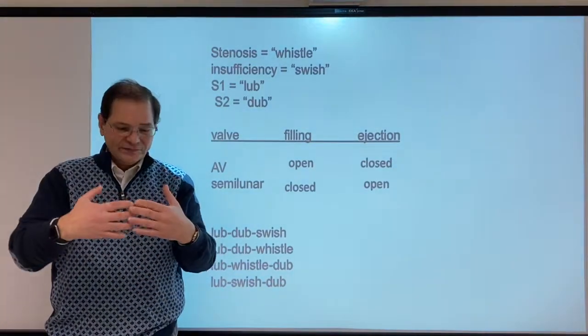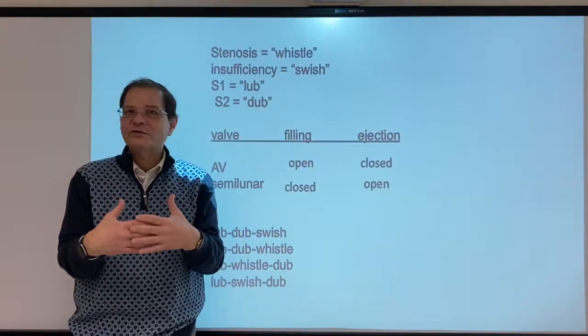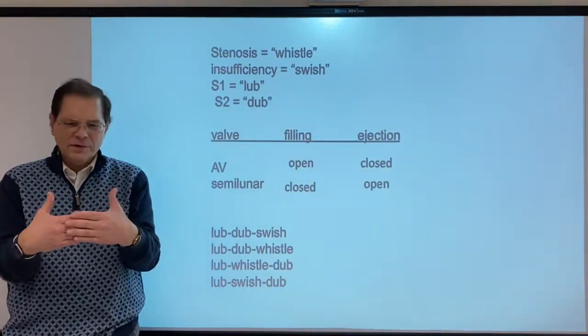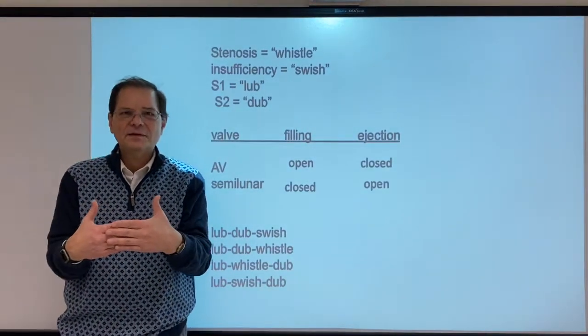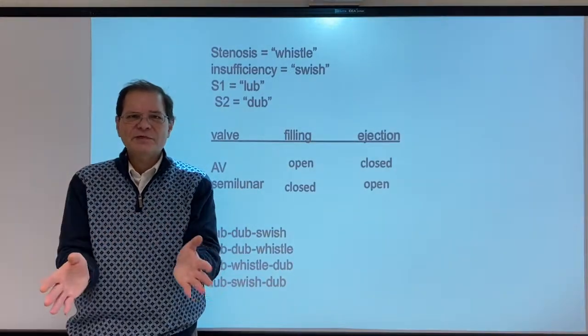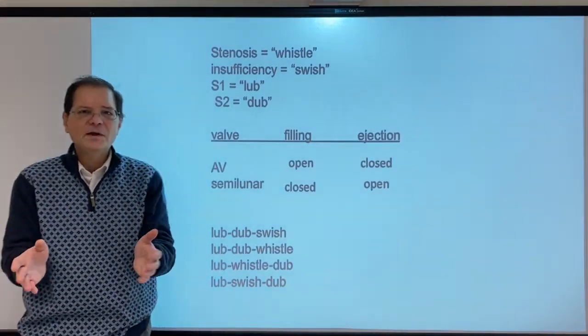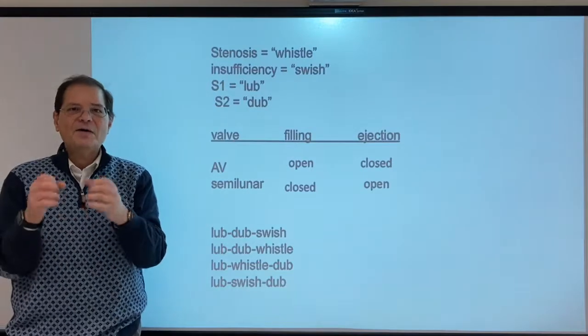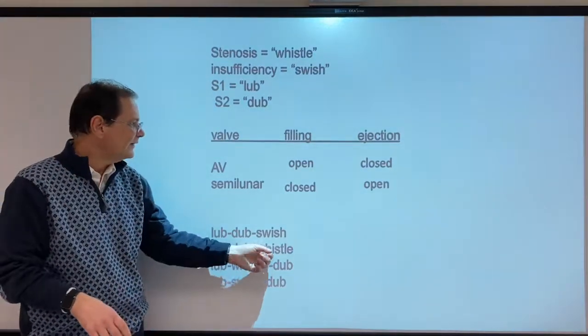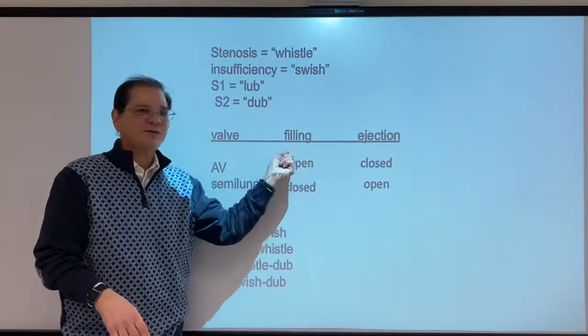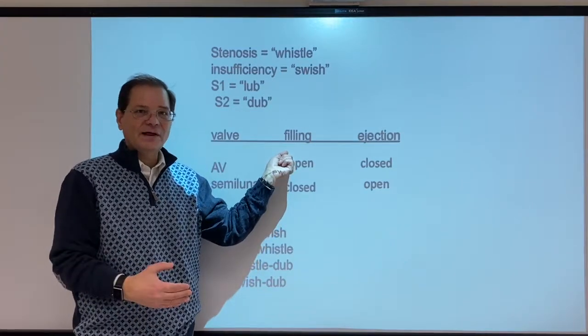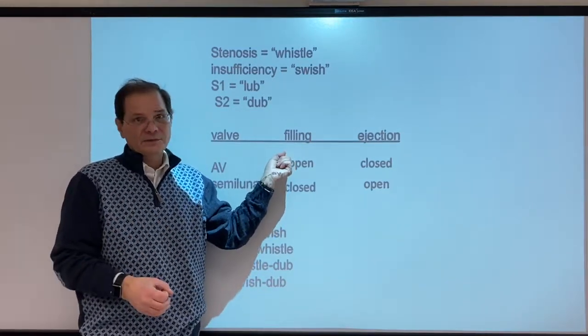Nobody cares if a stenotic valve is closed. When it's closed, it looks just like a normal valve. It's closed. You won't hear anything different. It's when it's open and you're shoving that blood through that you'll hear the murmur. So you're looking for an open valve during diastole. In this case, that would be your AV valve, your mitral on the left, or your tricuspid on the right, okay?